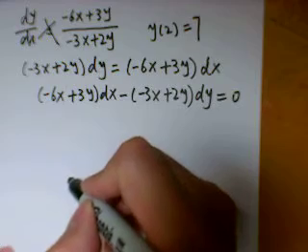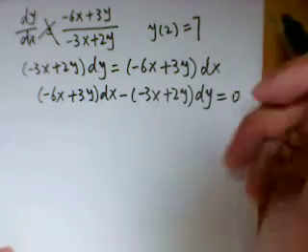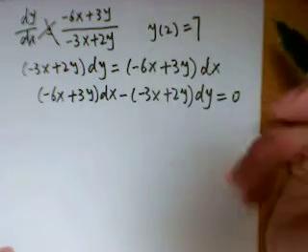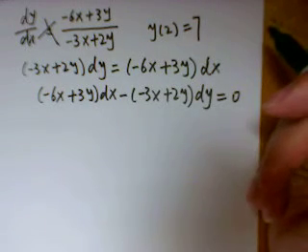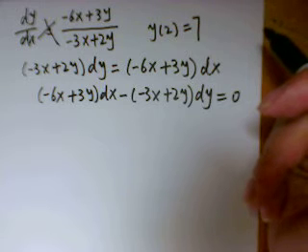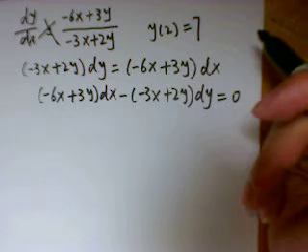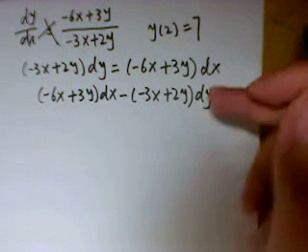Equals 0. And then in order to solve these equations, we try to use the exact solution procedure. Before we use the procedure of the exact equation, we need to check whether it's an exact equation or not, right?